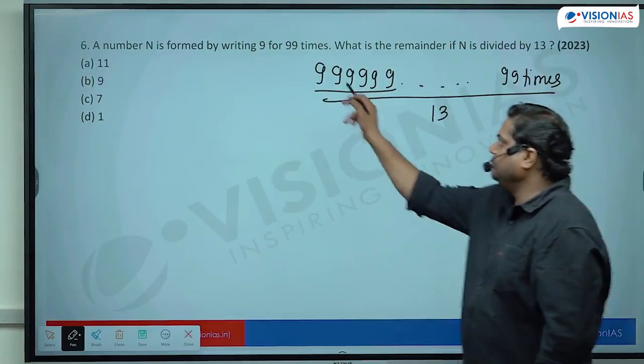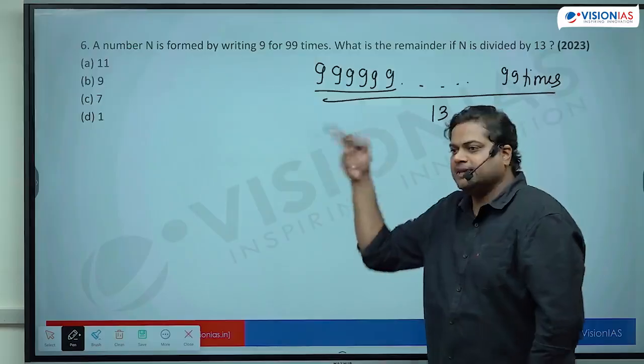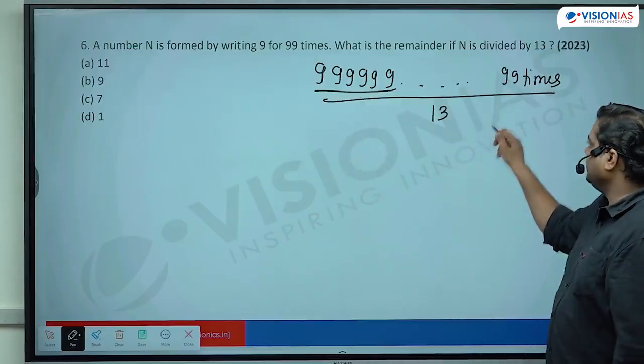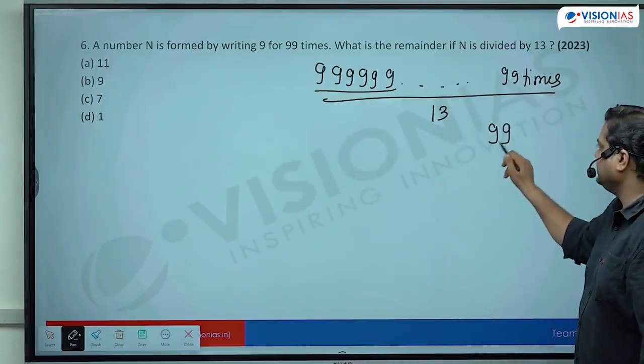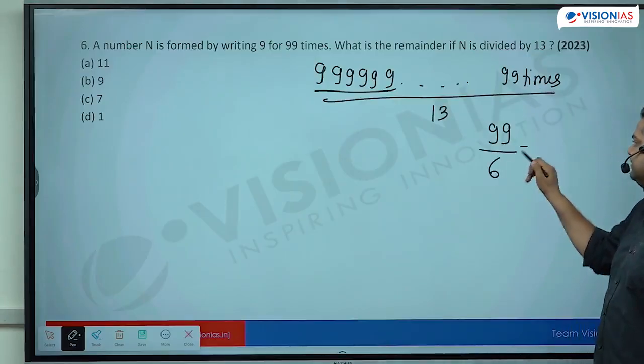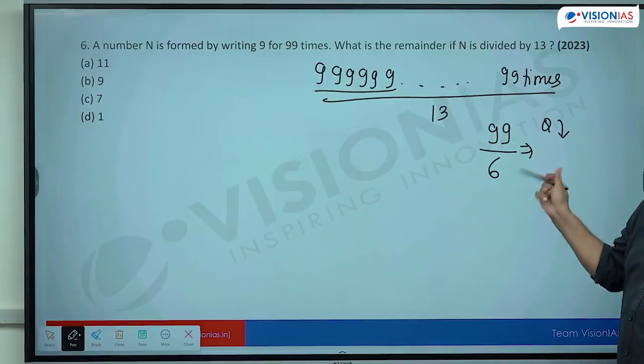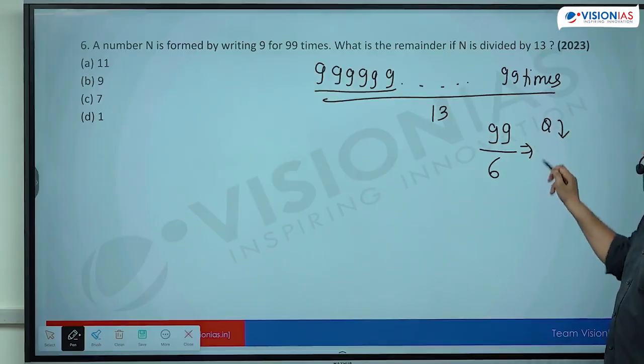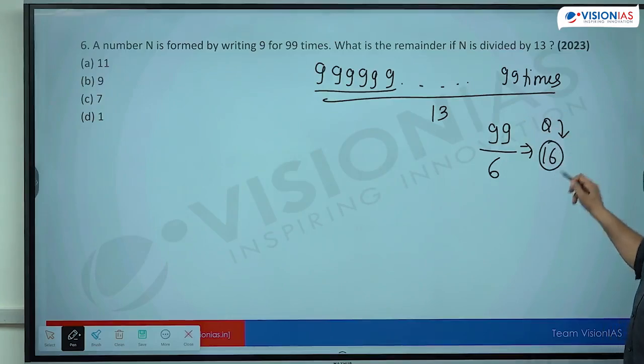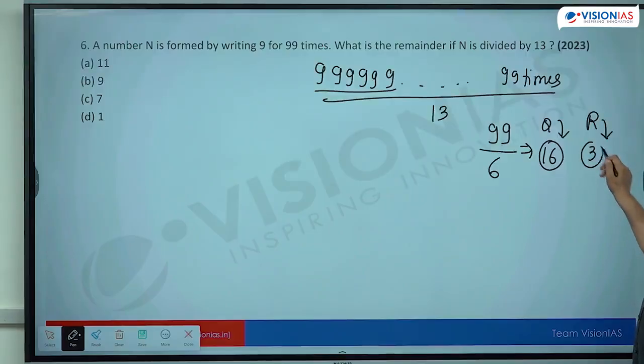So we'll try to see कि how many 6 9s का pair we can make. Total 99 times 9 has come. इसको अगर 6 से divide करा तो ये पता चलेगा कि how many times these 6 pairs have come. 16 times. तो बचेंगे कितने 9? 3 9.